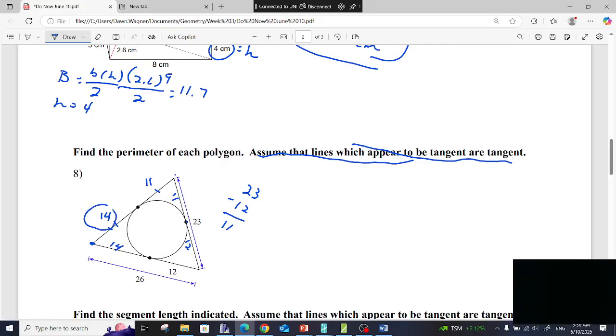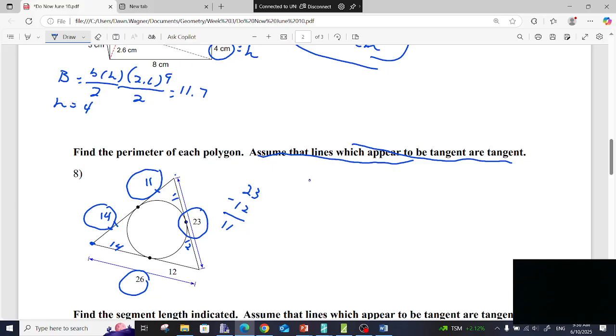Now you add all the outside pieces. So 14, 11, 23, and 26. Please don't add that 12 because that 12 is included in this 26.